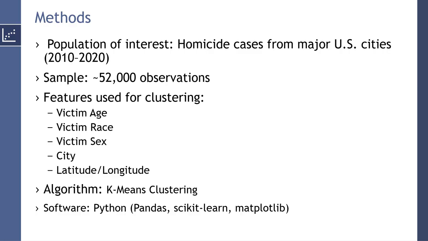These are factors that could reflect both social context and some of the investigation practices. For this effort, I'll be applying k-means clustering to group similar cases, and all analysis will be done using Python and some of the libraries that we've used in weeks 1 through 3, like pandas, scikit-learn, and matplotlib.